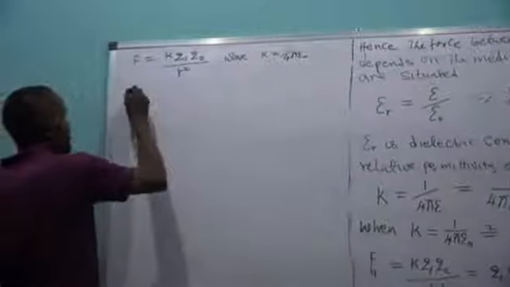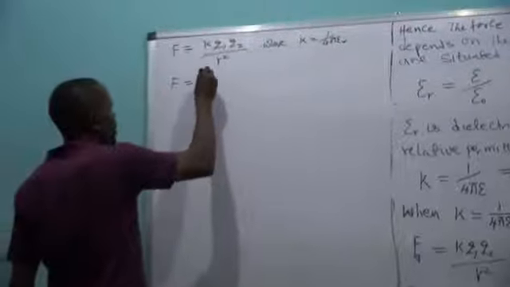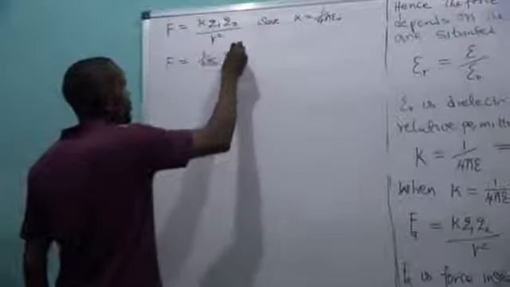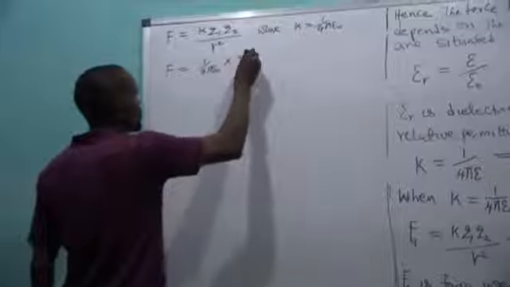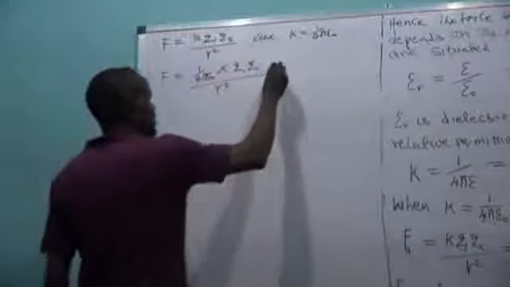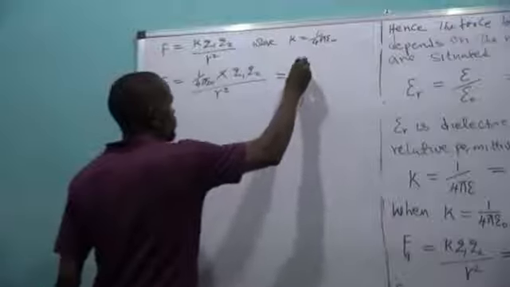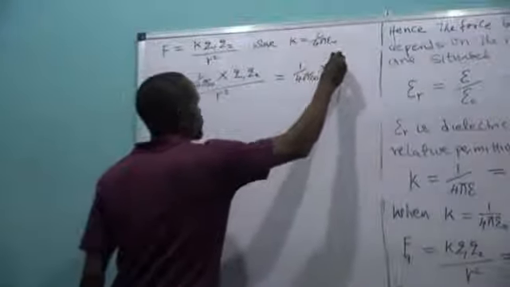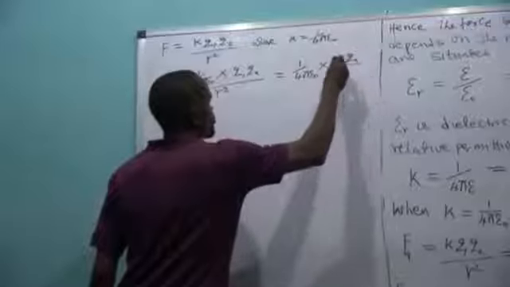Substituting, I will have F equals 1 over 4 pi epsilon O times Q1 Q2 all over R squared, and this gives 1 over 4 pi epsilon O times Q1 Q2 all over 1.